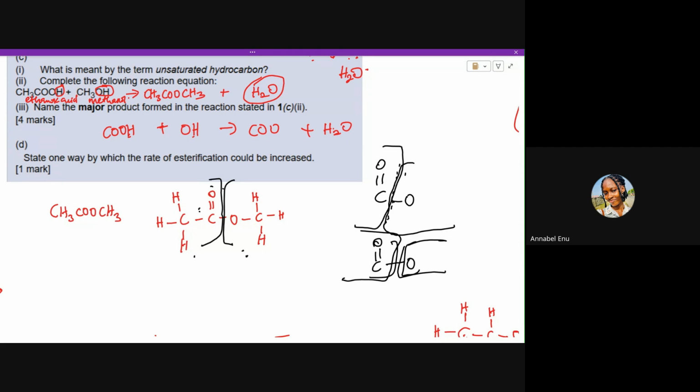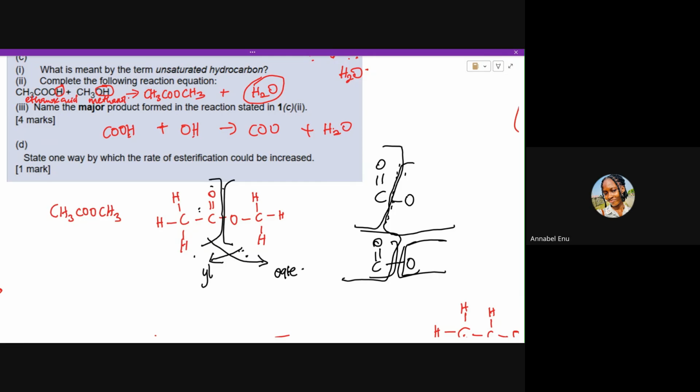Any naming we are giving to this side, it will end with "il". And any naming we are giving to the side that is with the carbon and oxygen, it will end with "oate". Okay? So this is what "il" and what "oate". The side beginning with the oxygen is the part you name first. And this other side is the part you will name next.